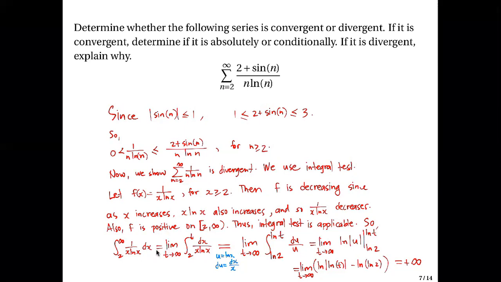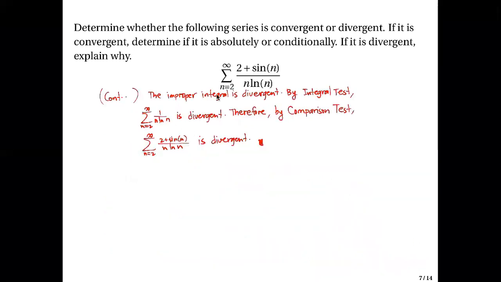Okay? And therefore, we apply the integral test. We use the improper integral now. And once we're done with the improper integral, we look at how we state all our conclusions. Okay? So that's for this example.